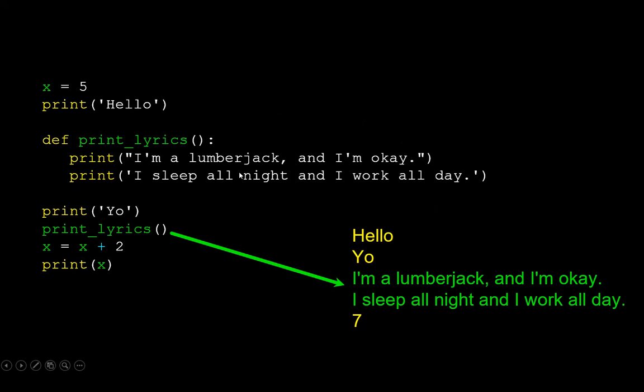Going back to the previous example, this part is the same, so we will have only hello here. After this, it's also the same, so we will have the yo output here, but here we're going to invoke that function using the name of the function and the parentheses.